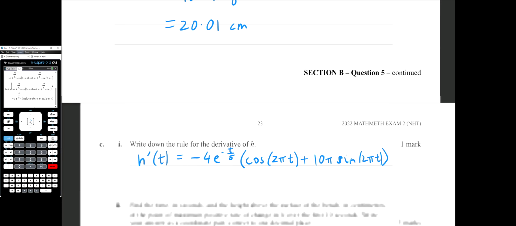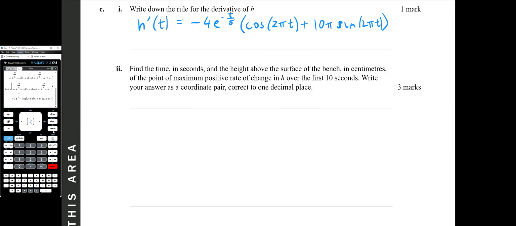So what we're going to do is we want to maximize the function h dash of t. And one way to do that is we can sketch the graph as well. So we can go Control I, add graphs, and we can write the h dash of t. So we can put the derivative, my bad.